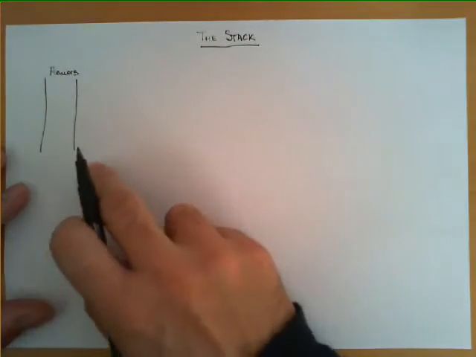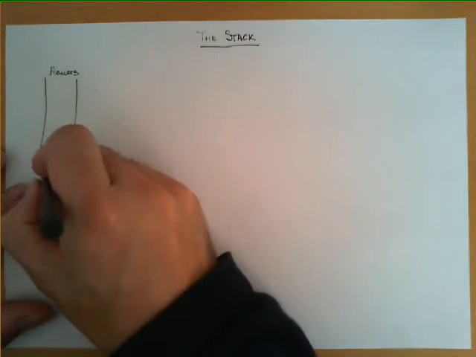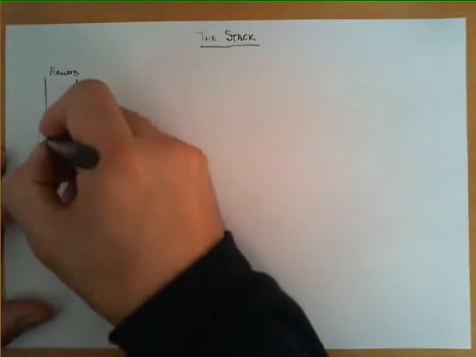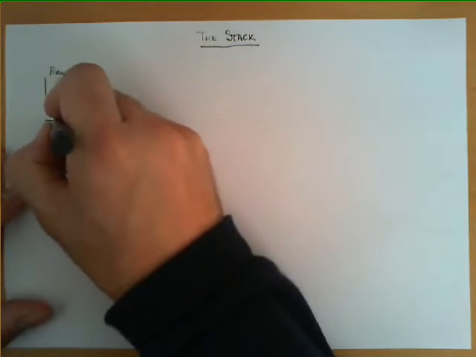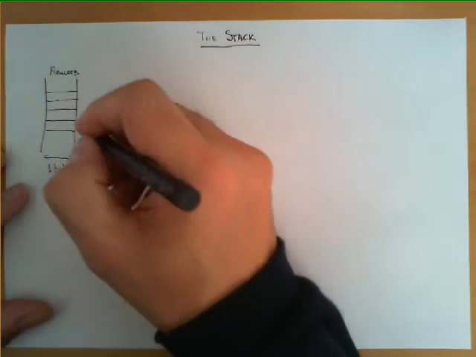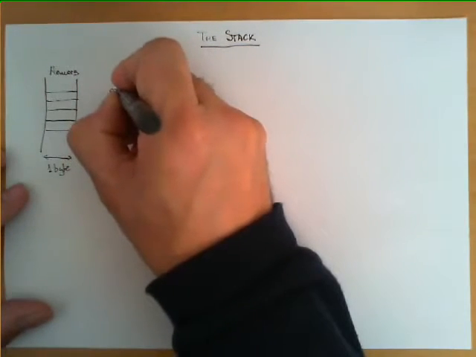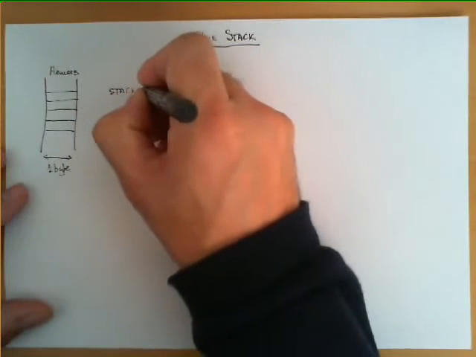We're going to assume, for the sake of this example, that this memory addresses cells of 1 byte. So we have certain space in memory. These are the cells where we store the data. And the combination of this space in memory with a register that we are going to call the stack pointer.